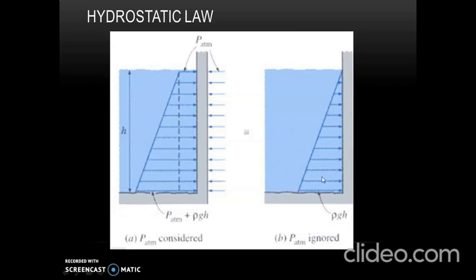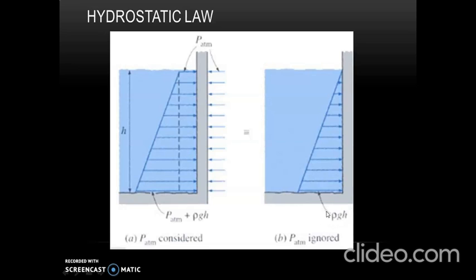In the previous slide, we had drawn pressure variation diagram on the left hand side of the container, that is pressure exerted by liquid on the left hand side of the container. Here this diagram shows that the fluid is exerting pressure on the right side of the container. Here P is equal to 0 and here P is maximum.